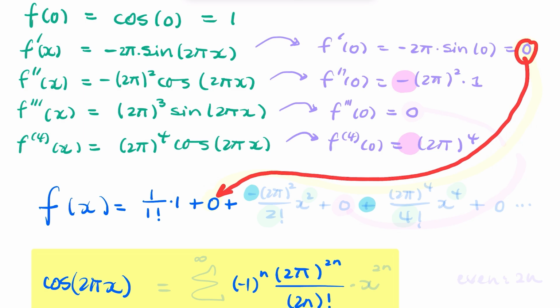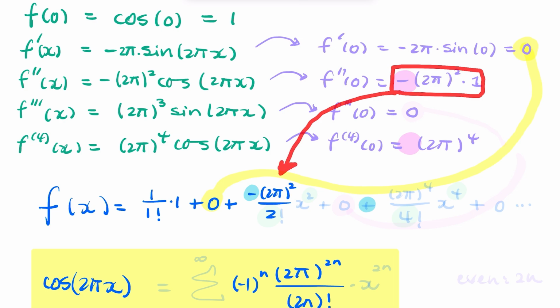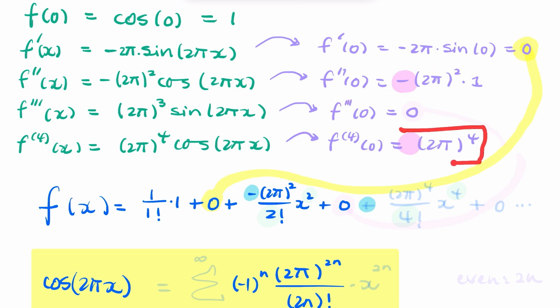So this 0 is there, plus negative 2pi squared over 2 factorial times x squared plus 0.